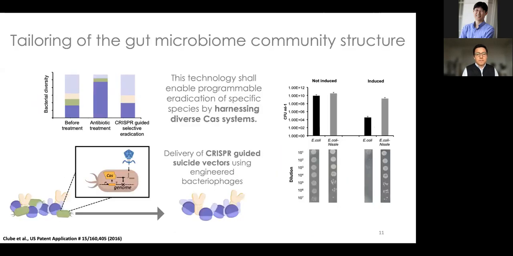And so this is some of the first work that we did around this concept. As I mentioned, the concept is to develop these vectors that express CRISPR-Cas9 and that have instructions in the cell to commit suicide. In the beginning, I did this experiment in an inducible system using two strains of E. coli, the K12 E. coli strain and the probiotic E. coli Nissle.